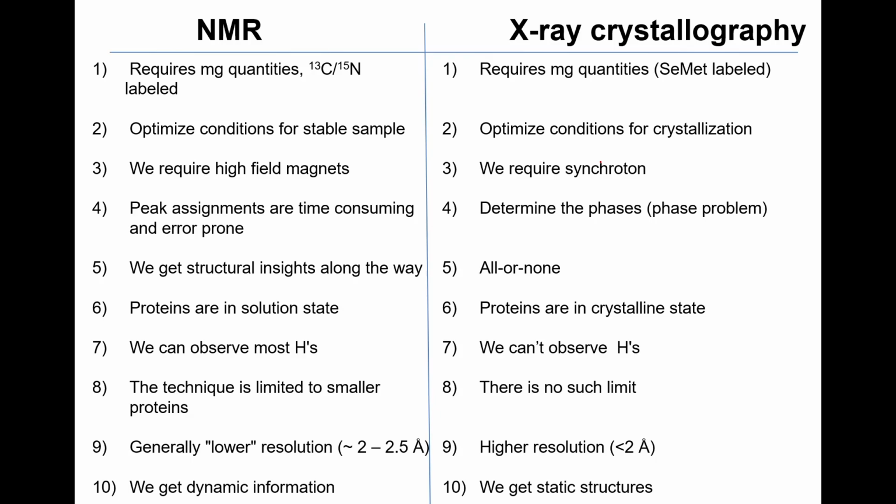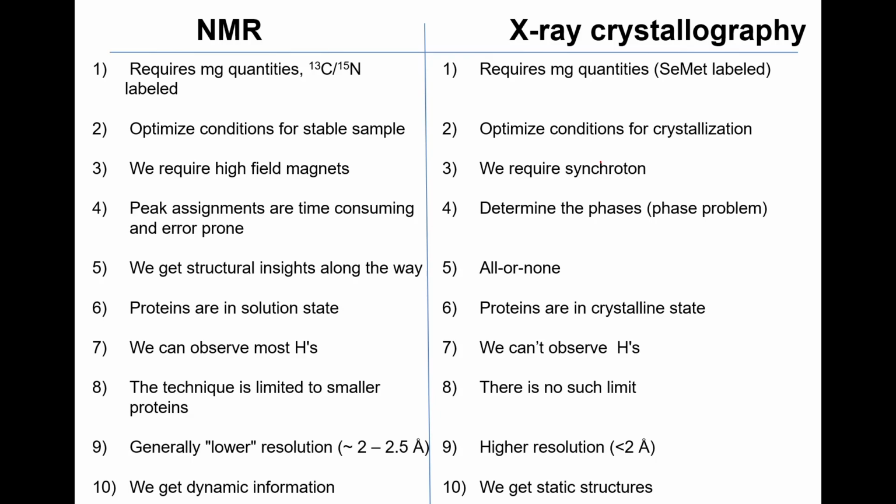Labeling your proteins with these 13C labels or 15N takes a lot of time as well as money, so it is costly. But the amount of information that it provides balances that cost. So these two are the primary requirements.